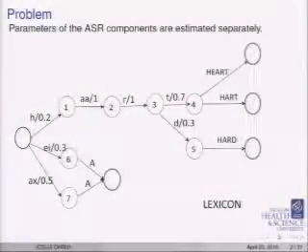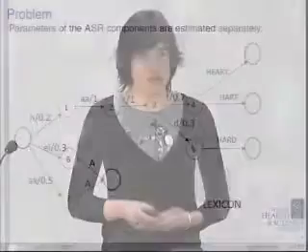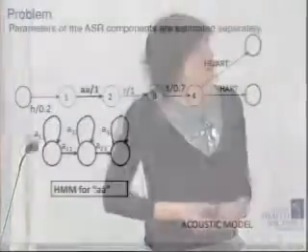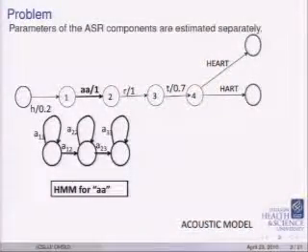Similarly, the lexicon is a deterministic mapping from words to phones. It may have weights representing different pronunciations of a word, but these weights are also estimated independently from the language model and the acoustic model. The acoustic representation of the allophone sounds is done with hidden Markov models.